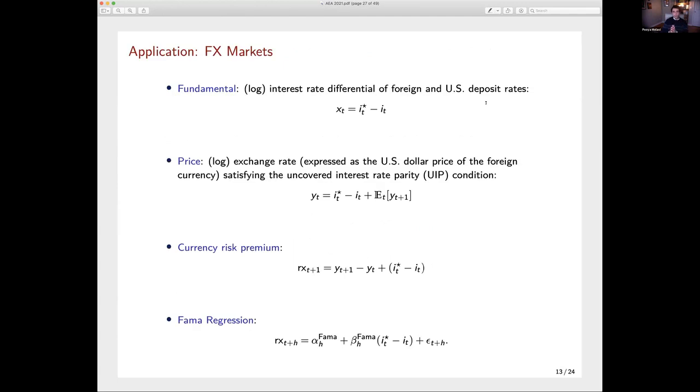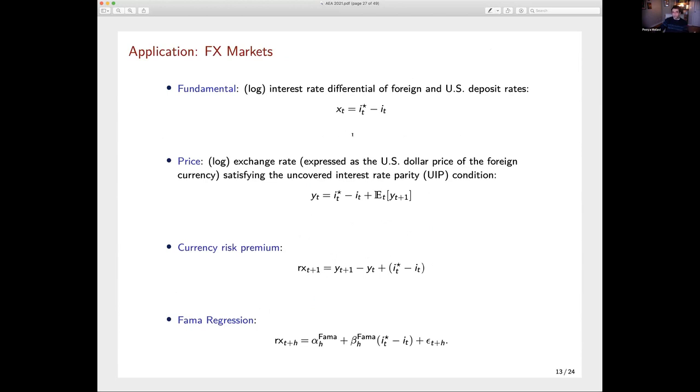So we're going to look at foreign exchange markets in which the fundamental is going to be the log interest rate differential between a foreign currency and the US. In our empirical exercise for the foreign currency, we use a weighted average basket of multiple currencies. The price here is going to be the log exchange rate, expressed as the US dollar price of the foreign currency.